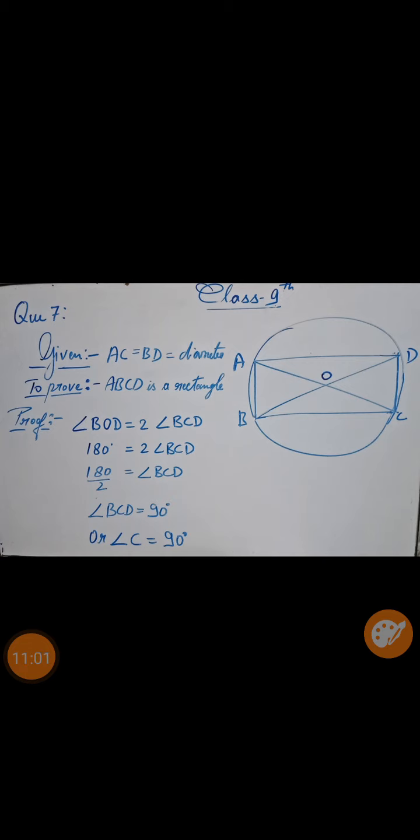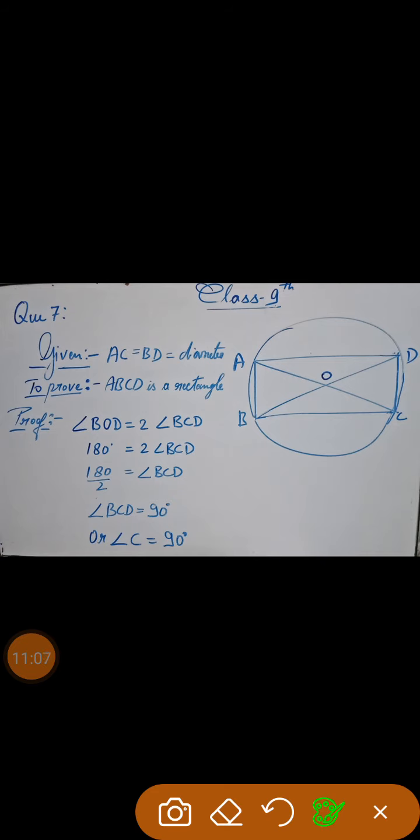It means it is given that ABCD is a cyclic quadrilateral. So you may write in the given part, this ABCD is a cyclic quadrilateral, and the diagonals are diameters, so the diagonals AC and BD are equal to the diameter of this circle.